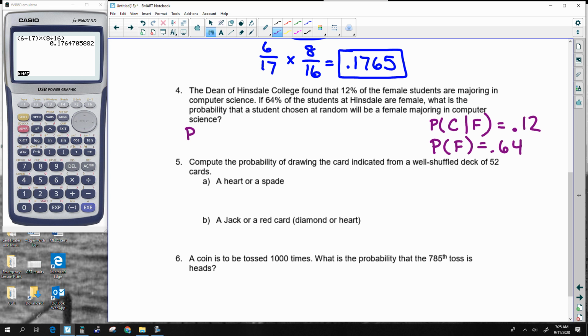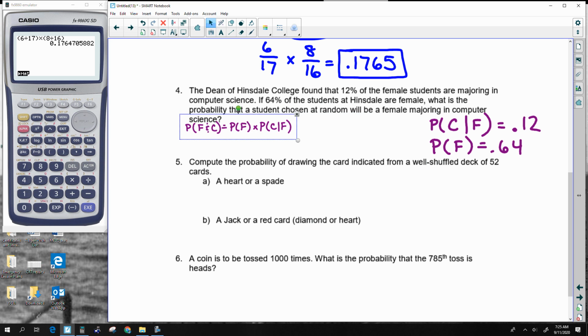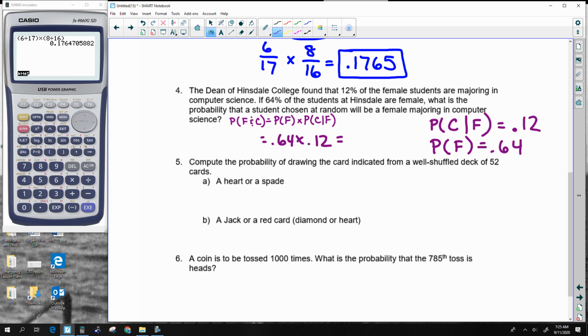So the probability of being a female and computer science, this would be the setup of probability of F times the probability of C given F. And so that is going to be 0.64 times 0.12.